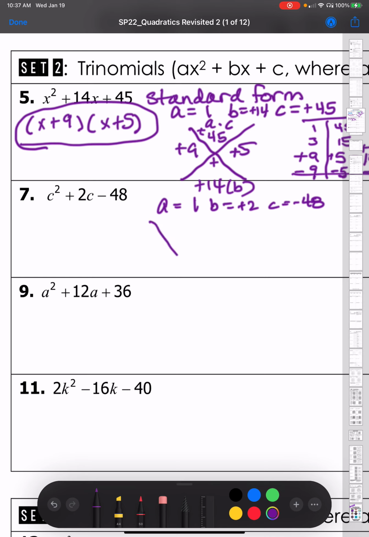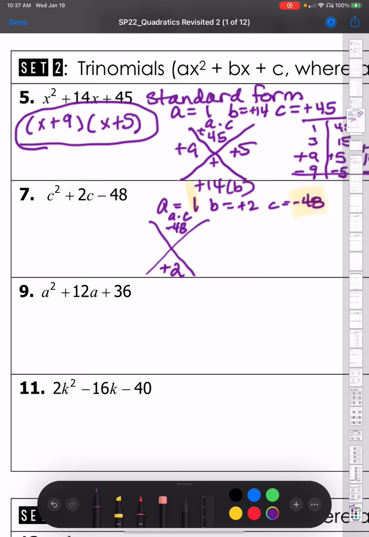And so if we put this in our factor cross, we need to know what are the factors of a times c. So that's going to be 1 times 48, so that would be a negative 48, and then add together to be a positive 2.